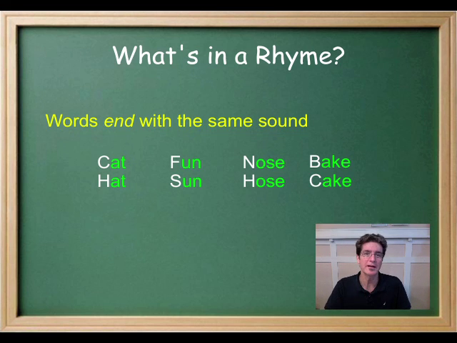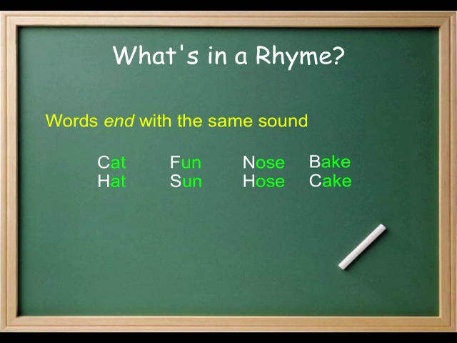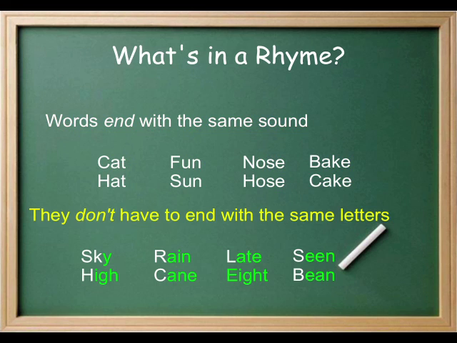Now you'll notice something else about these words. All of the words that I've just shown you not only end with the same sound, but they end with the same letters. But that's not necessary in order for two words to form a rhyme. For example, if you look at the words sky and high, you will see that those two words end with different letters, but they end with the same sound, that I sound, sky, high.